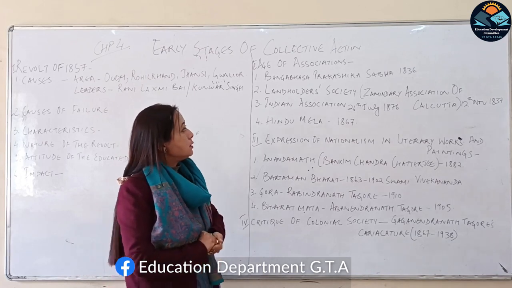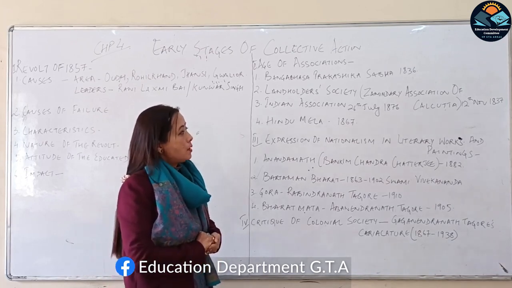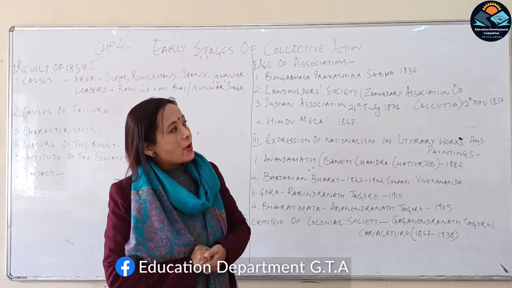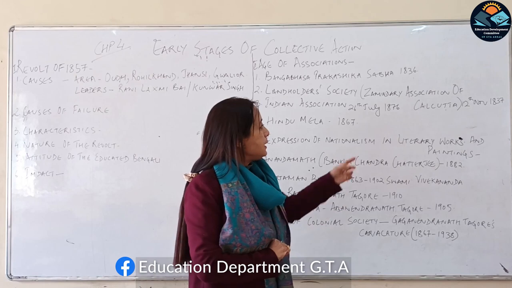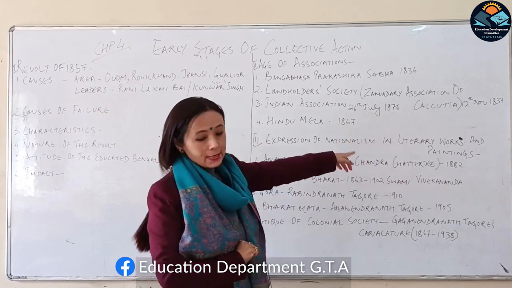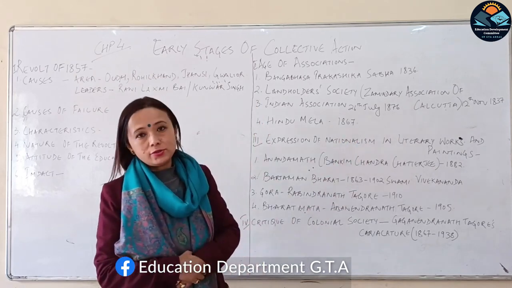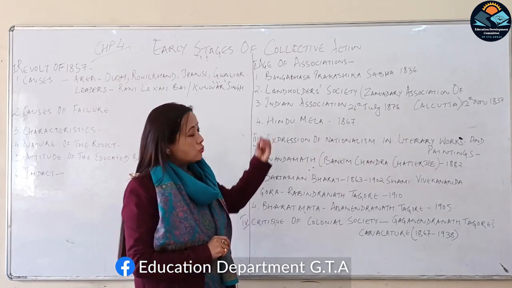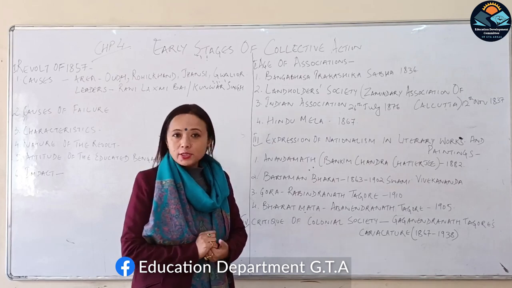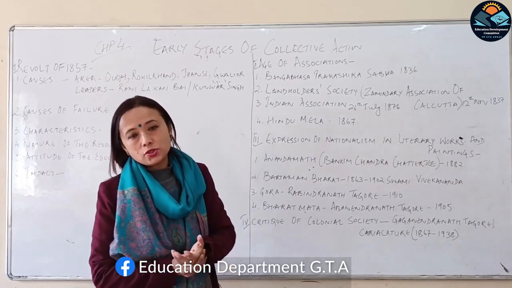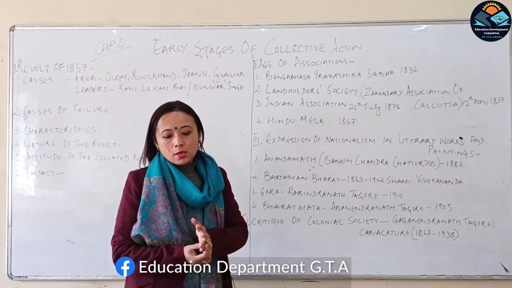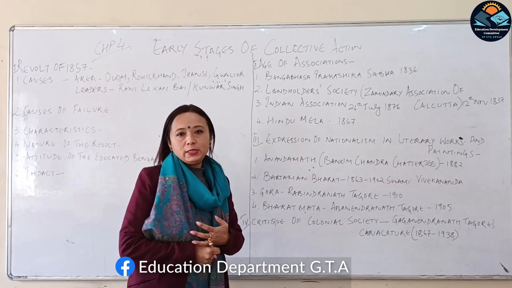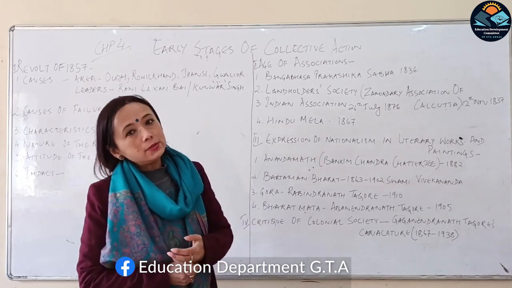Now the Indian Association. The Indian Association was founded on 26 July 1876 by Surendranath Banerjee. Now, it too had many objectives, some of which were: to create a strong body of public opinion all over the country.